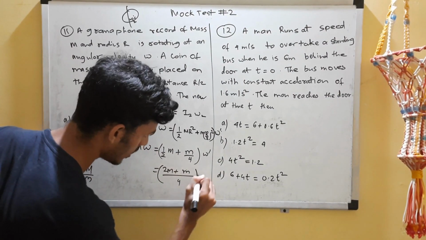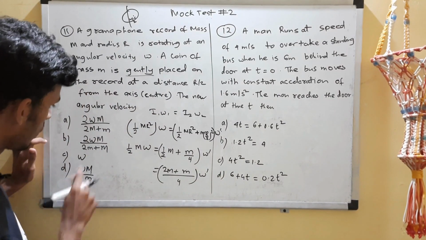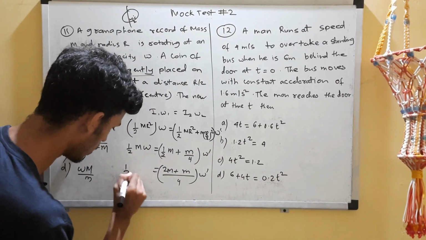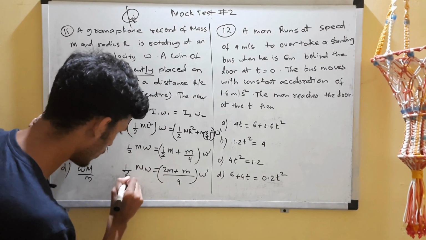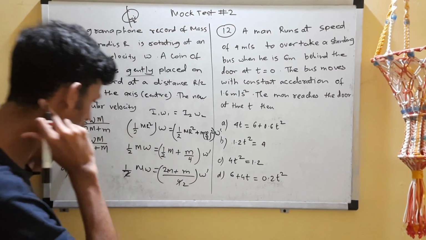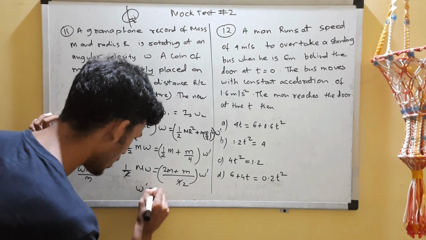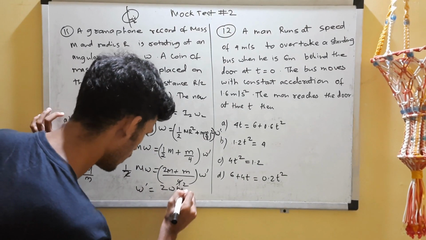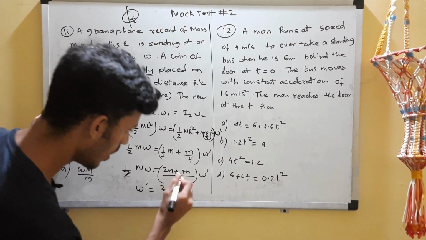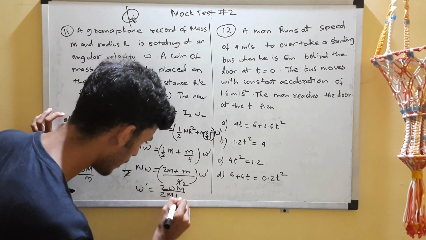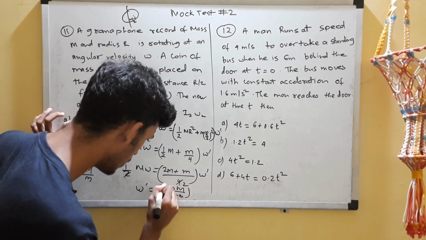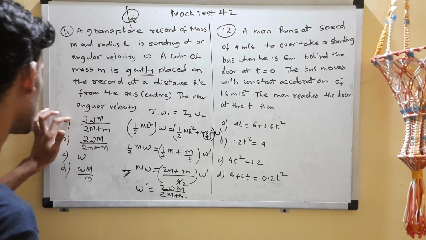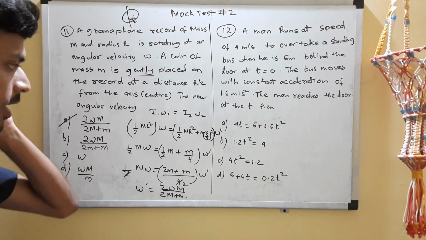Now you can see the answer over here. So it will be 2m plus m, and this is going to cancel. I'll show you, m omega. So half, and this will cancel. So we'll have omega dash as 2 omega m upon 2m plus m into this omega. Okay, this is option A. So option A is the correct choice over here.